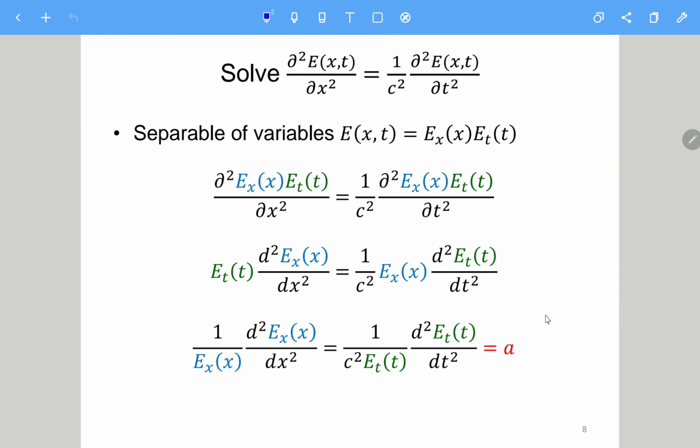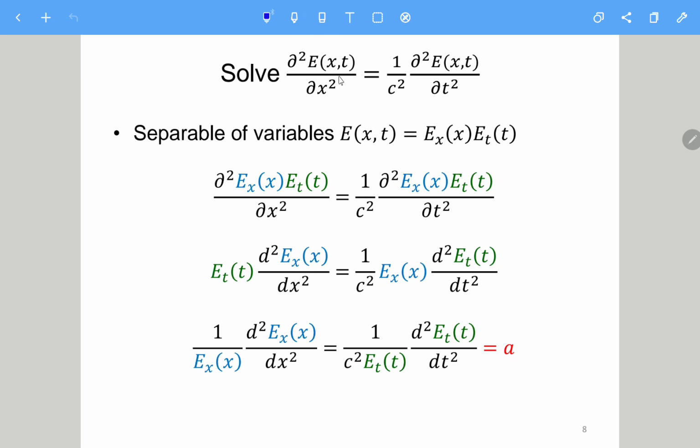Okay, so now let's talk about how to solve the wave equation in one dimension, which means that the second partial derivative of the E field with respect to x equals 1 over c squared, which is the speed of light squared, times the second partial derivative of the E field with respect to time.